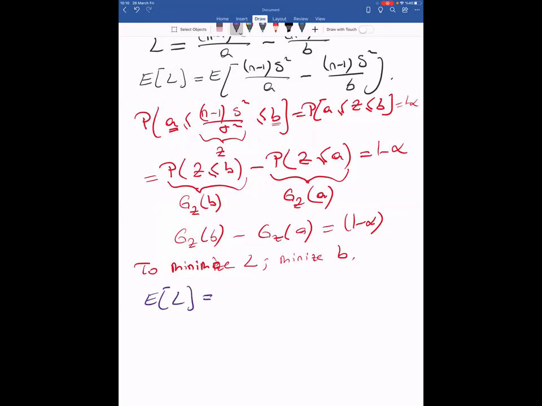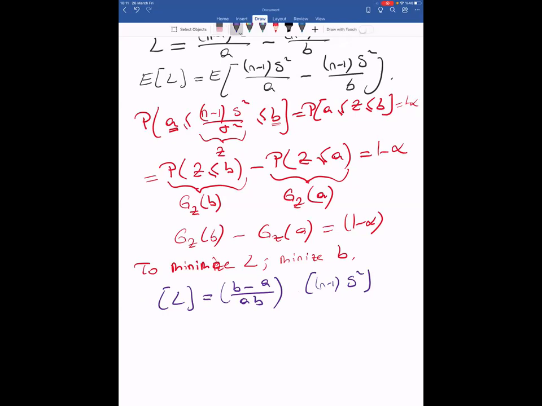So we will have (n minus 1) S squared, but let's write it this way. (B minus A) over AB times the expectation of (n minus 1) S squared. Actually, right now, first focus on those expectations, just these quantities.